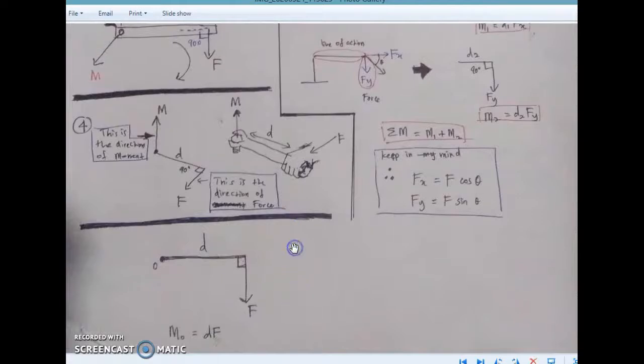So simply we can draw the free body diagram like this. This is the line of action. This is the force, and this system tends to rotate, so this is the effect of the moment about the O axis.